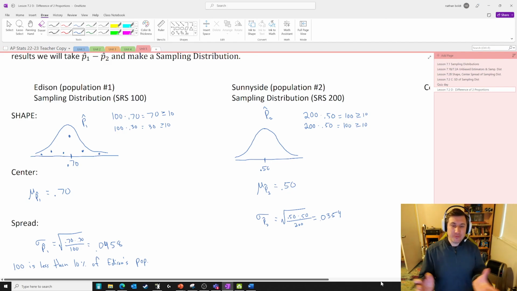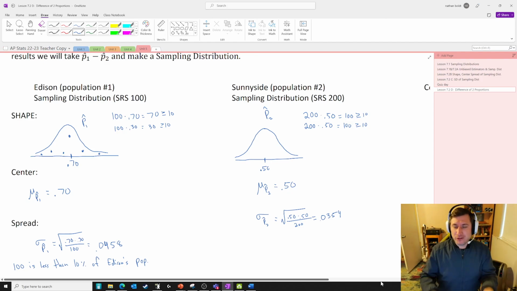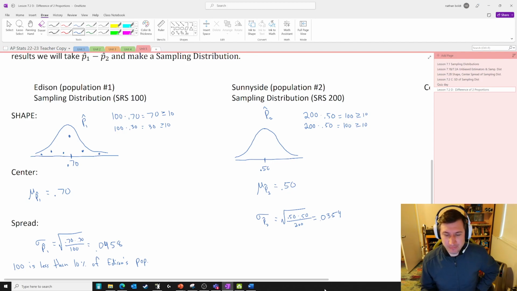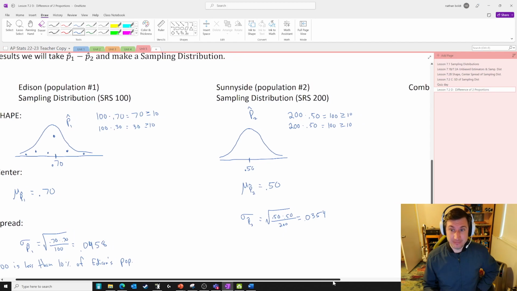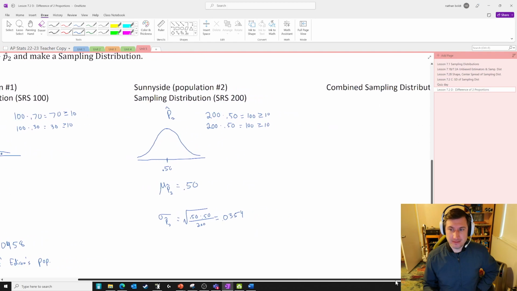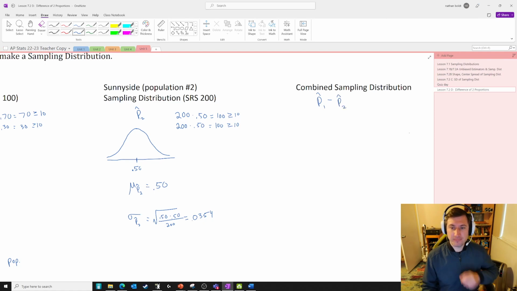All right, but now I want to take these two sampling distributions and I want to combine them. What would they look like together? If we combine these, what could it look like if I took a sample from one, a sample from the other, and then subtracted them? So we are going to take p1 hat minus p2 hat.